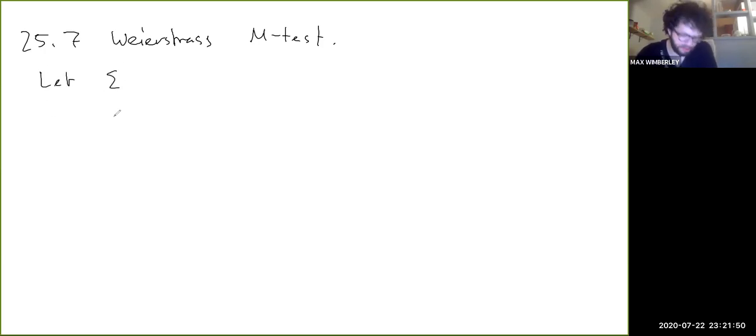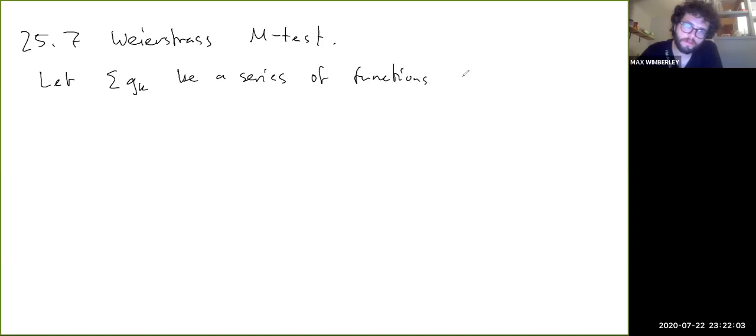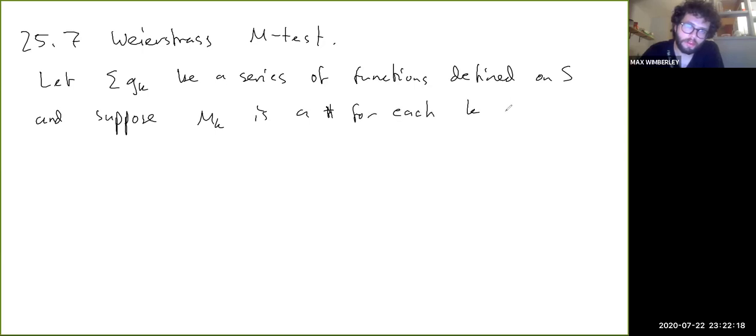I'm going to phrase it a little bit differently from how they do, because it's kind of awkward the way they word it. So let g_k be a series of functions defined on S, and suppose M_k is a number for each k such that the absolute value of g_k of x is less than or equal to M_k.